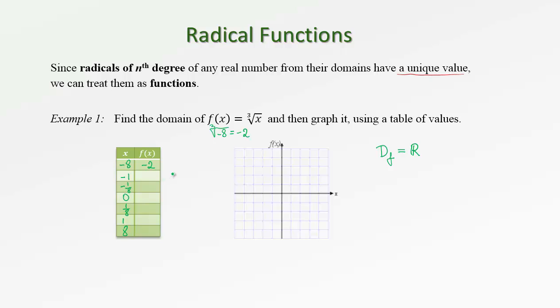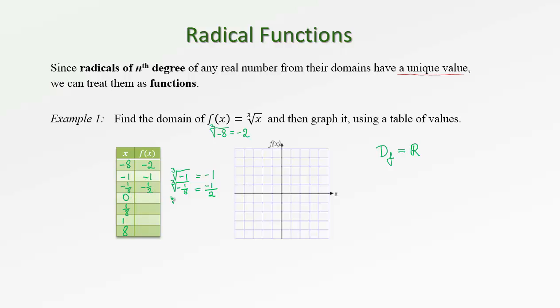So how much is cube root of negative 1? Well, it is negative 1, since negative 1 cubed gives us back the radicand negative 1. What about cube root of negative 1/8? That's the same as cube root of negative 1, which is negative 1, over cube root of 8, which is 2. Therefore, cube root of negative 1/8 is negative 1/2. Let's record this.